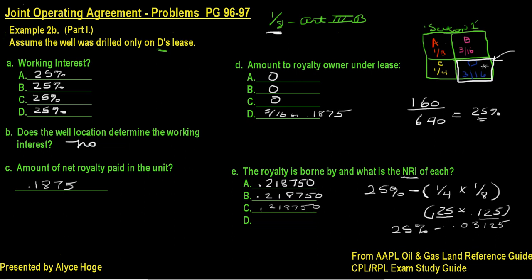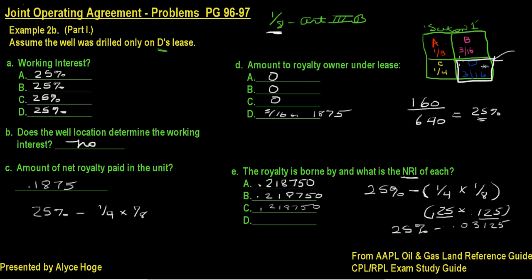But now let's look at what happens to D. D's interest is going to be 25% minus 1/4 of 1/8, just like A, B, and C. But look, D's royalty is higher than 1/4.